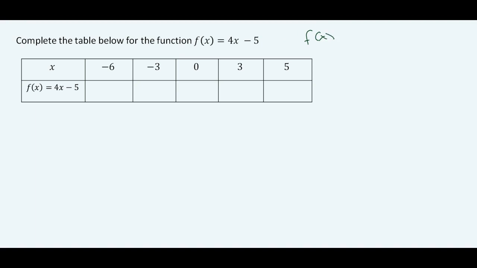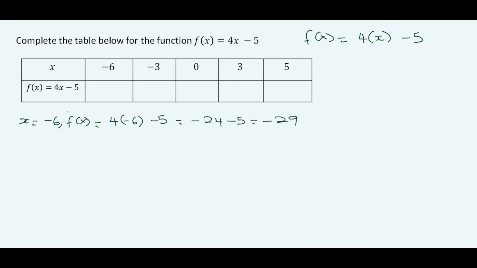So f of x equal to 4 multiplied by x minus 5. So x equal to -6, f of x equal to 4 multiplied by -6 minus 5, which is -24 minus 5, which is going to give us -29.